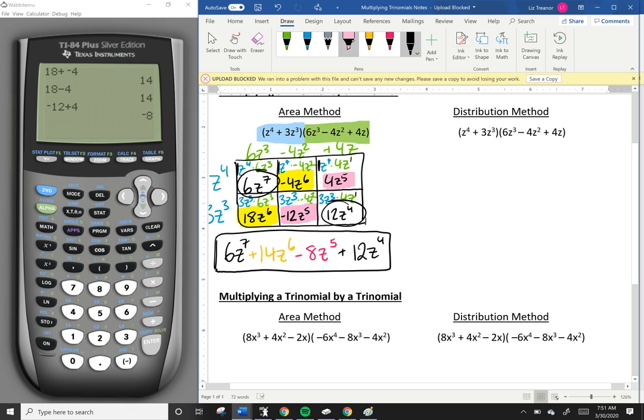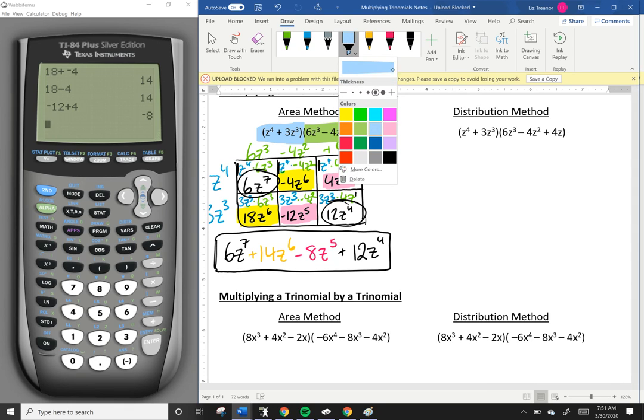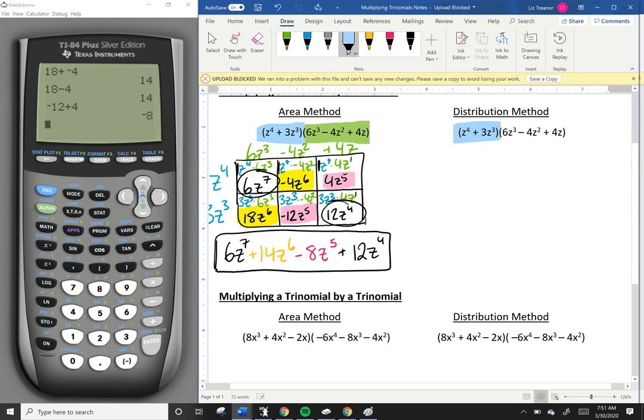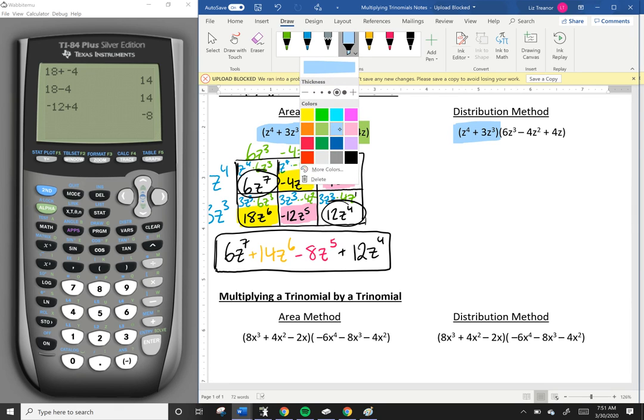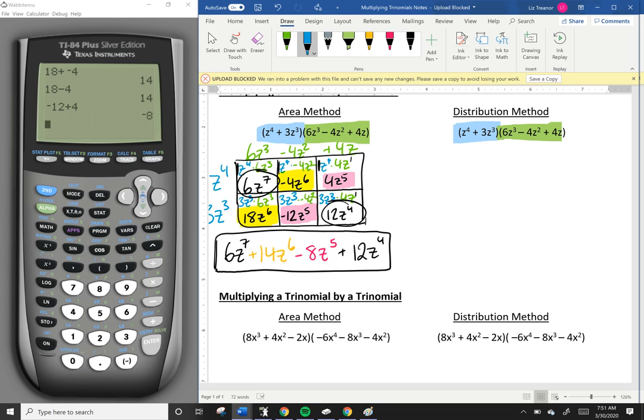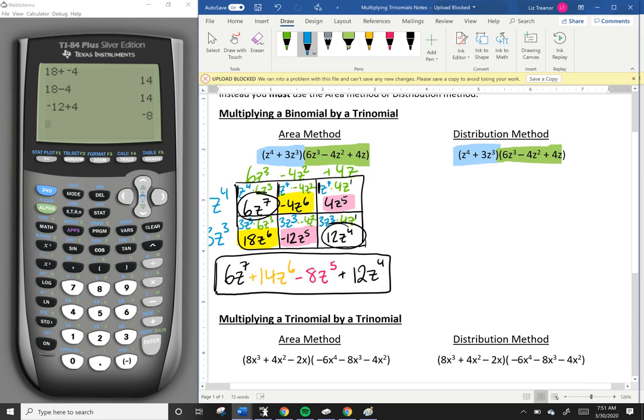We could do the same thing, and we will, with the distribution method. So I'm going to do the first one in blue and the second one in green. Okay, so the first thing you're going to do is split up the terms of the first polynomial. So let's start with z to the 4th. And we're going to multiply that by 6z cubed minus 4z squared plus 4z.